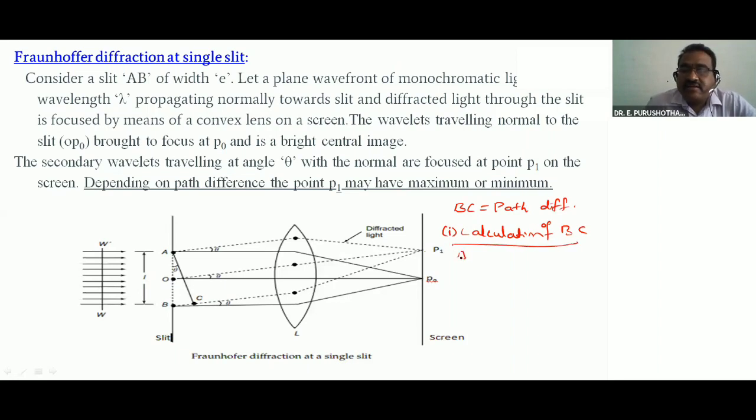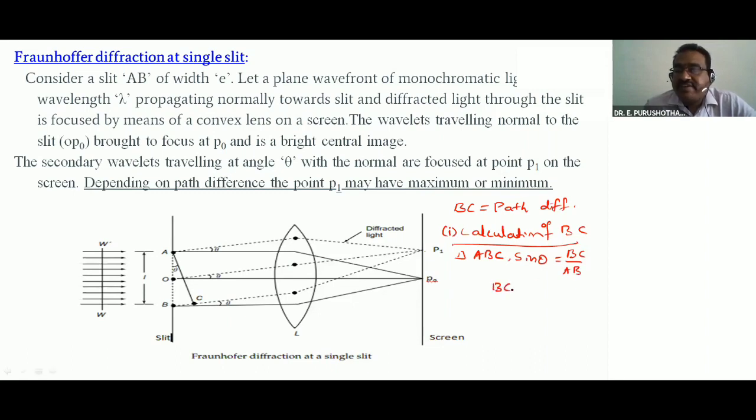From the triangle ABC, I want to take sine theta. What is the sine? Opposite side by hypotenuse. What is opposite? For theta, opposite is BC, by hypotenuse AB.